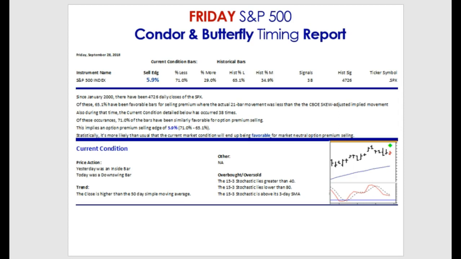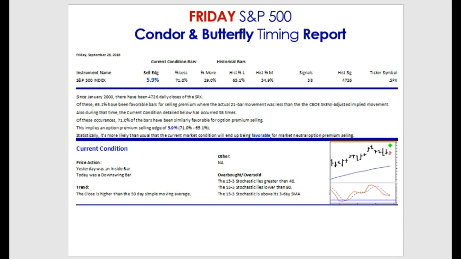Now, of those, 65.1% have been favorable bars for selling option premium, where the actual 21-bar movement of the index, the subsequent movement, was less than what was being implied by the CBOE's skew-adjusted VIX. Okay? One more time. Of those 4,700 plus closes, going back to January of 2000, 65.1% have been favorable bars for doing butterflies and condors.